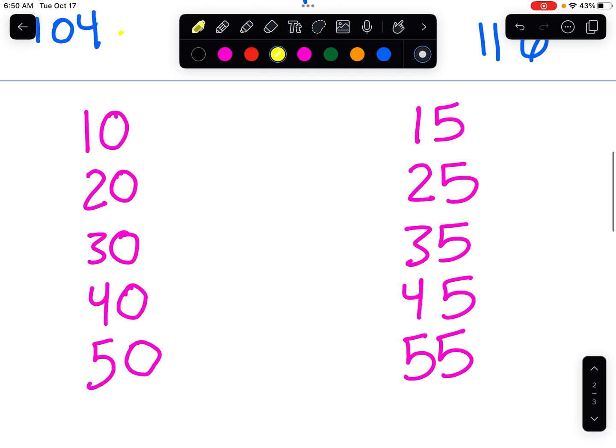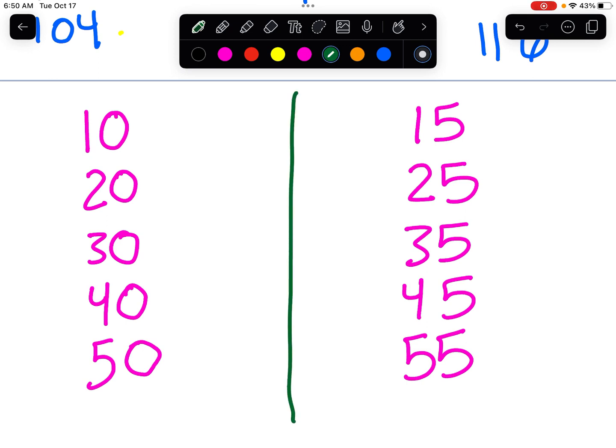We can talk a little bit about skip counting. I want to make sure that everyone knows how to say numbers that are double digits, tens and ones together. I'm just skip counting here. Skip counting by 10. 10, 20, 30, 40, 50.